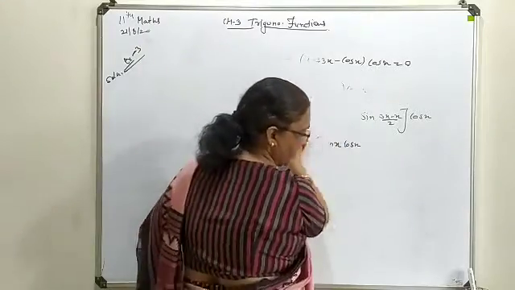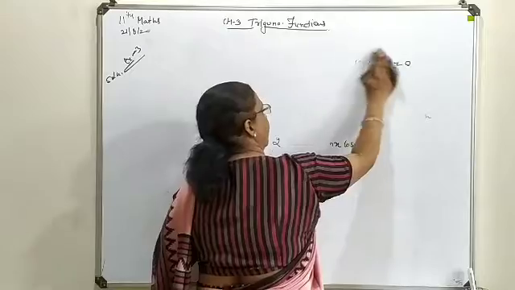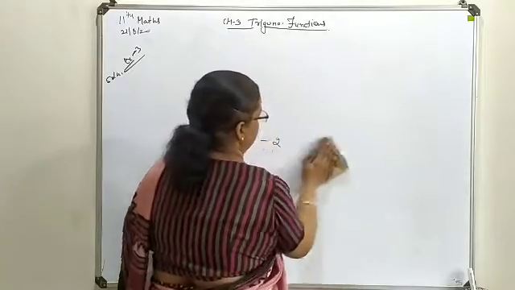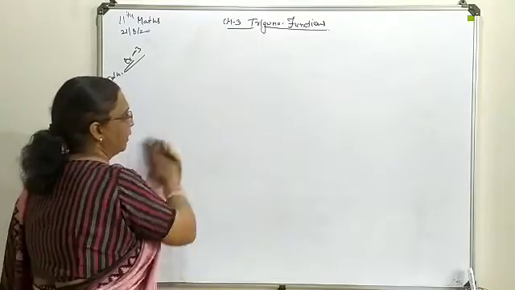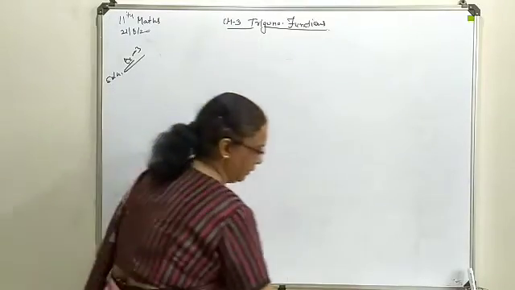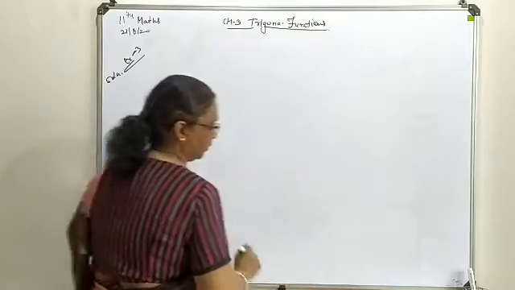Now the next two questions, question number 3 and 4, are of the same category. So if I attend one, you will be able to attend the other one. So here I am going to attend question number 4.